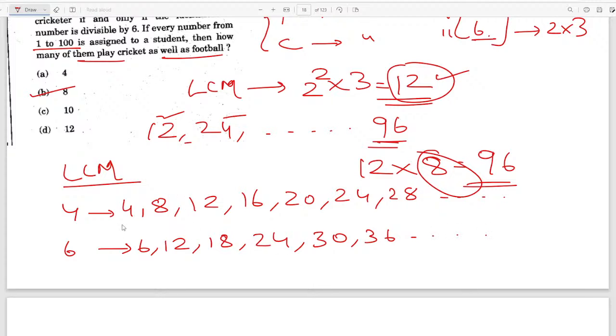So we'll find the lowest common multiple here. First we'll find out the multiples. First common multiple is 12, and after that we have 24. And like that we'll find the multiples, and the lowest common multiple is 12. This 12 is divisible by 4 and also divisible by 6.